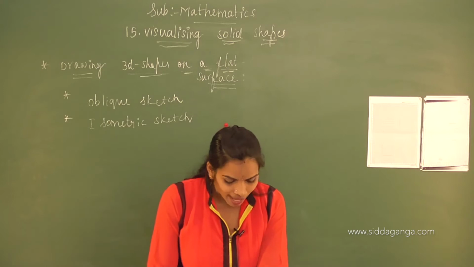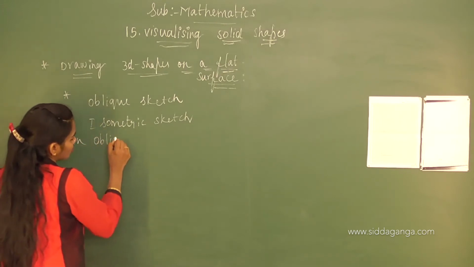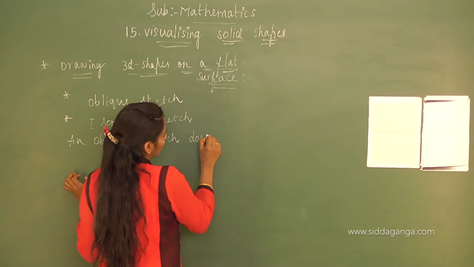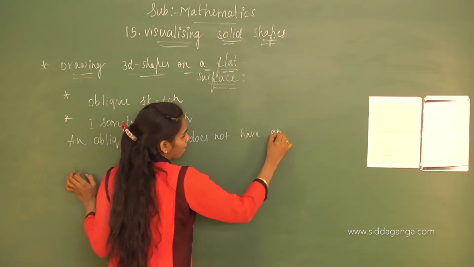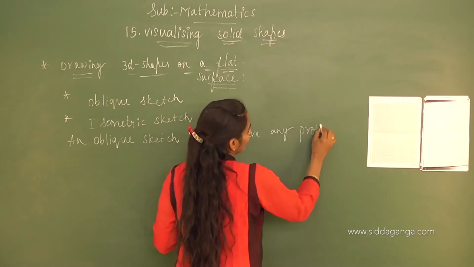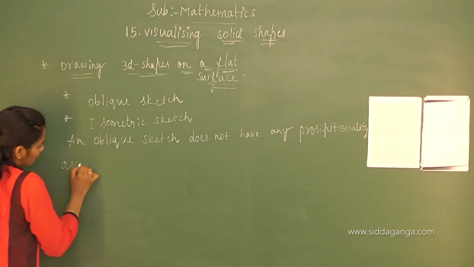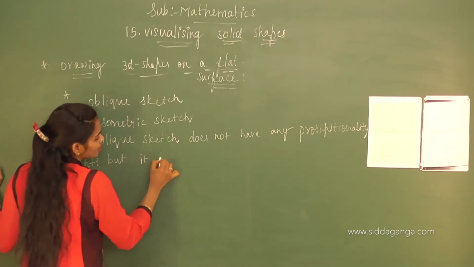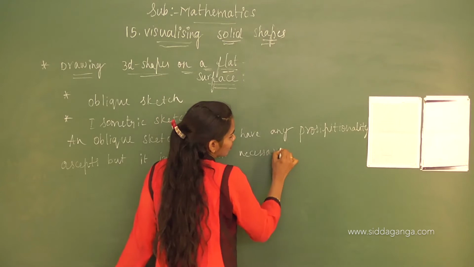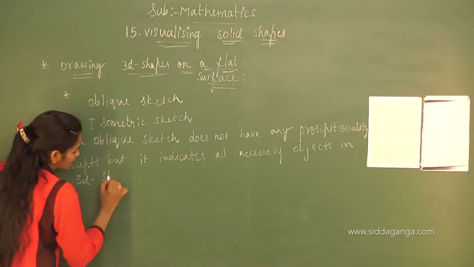Okay, what does oblique sketch mean? An oblique sketch does not have any proportionality aspects, but it indicates all the necessary objects in a three-dimensional shape.